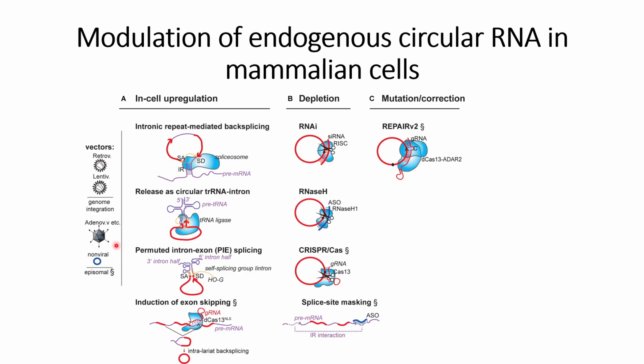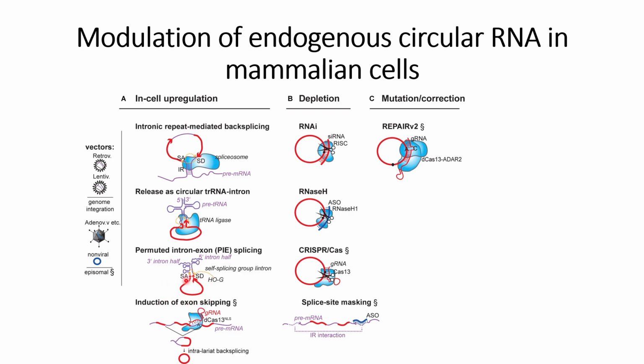The third approach is permuted intron exon splicing. Here, a self-splicing group is incorporated into the RNA in such a way that splicing occurs, and some of the splicing might result in circular RNA, however some does not.